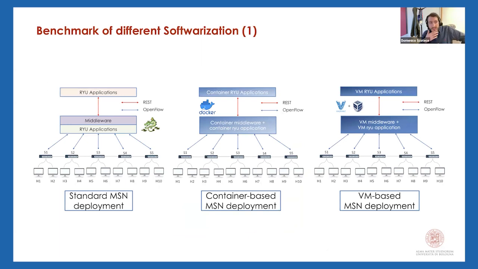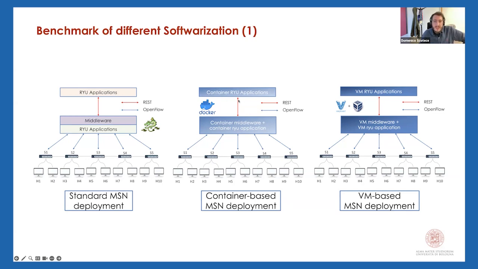This other test is the benchmark of different softwarization. The first case is the bare metal, a standard MSN. Okay, we have the same topology. We have the same architecture, the middleware application adds, let's say, a different layer, but it's the same application for SDN functionalities or external application.